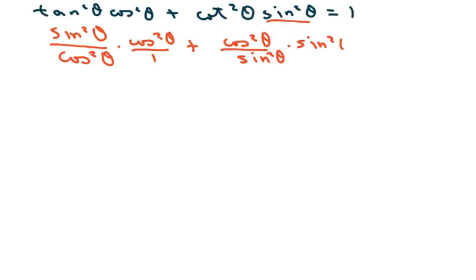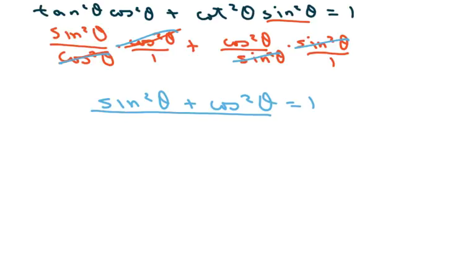This one's just trig ratios. Now, these cancel out. These cancel out. So we get sine squared of theta plus cosine squared of theta equals 1. You know that equals 1. So 1 equals 1.